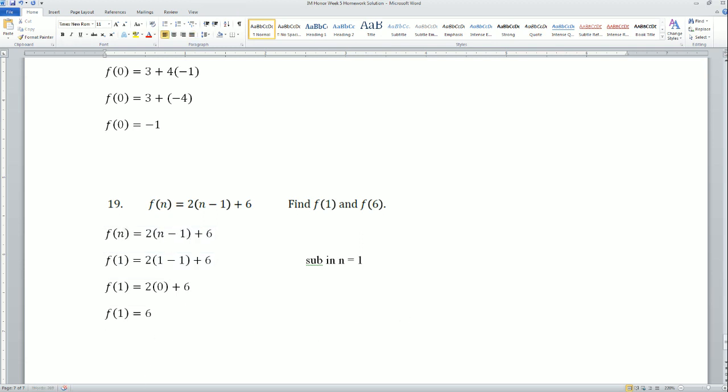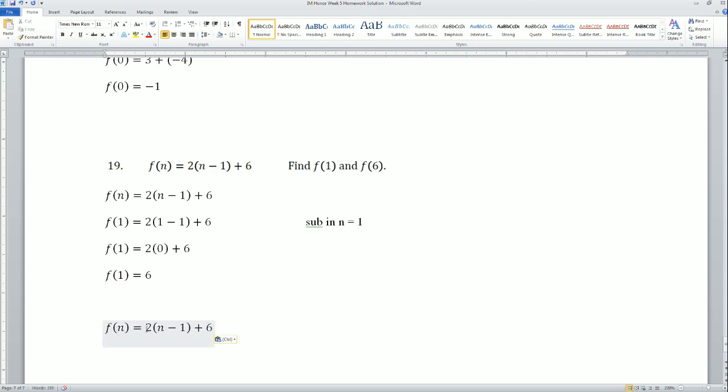Next, I am asked to find function of 6. So, plug in 6 here for n. What I did here was I sub in n is equal to 6.